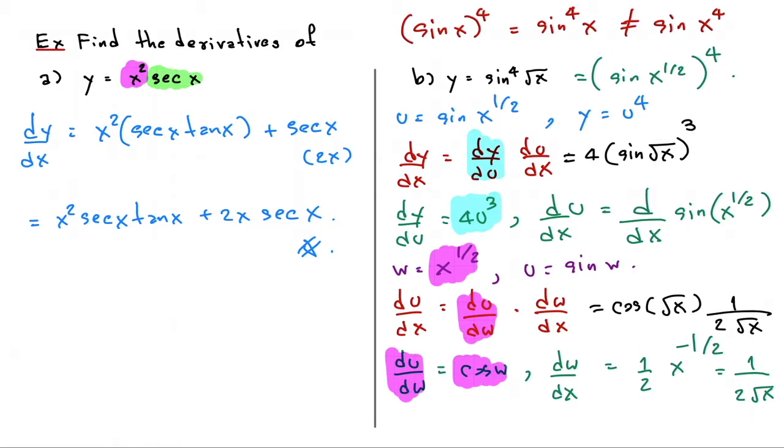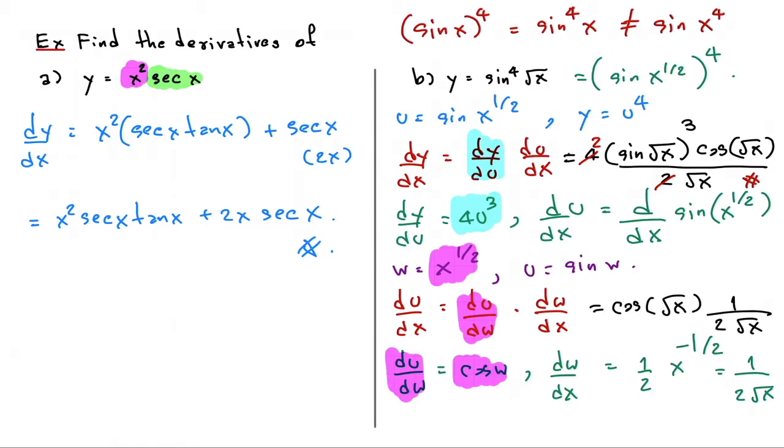And du by dx is cos of square root of x divided by 2 square root of x. Then I'll just cancel that, and that will be the answer. Make sense?